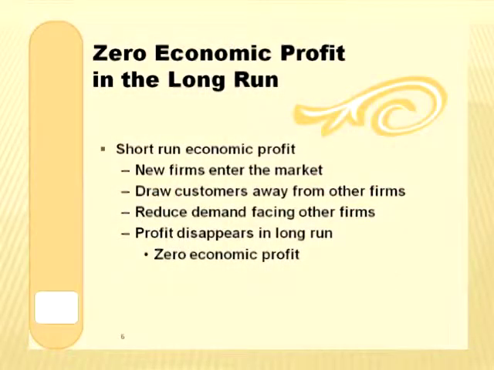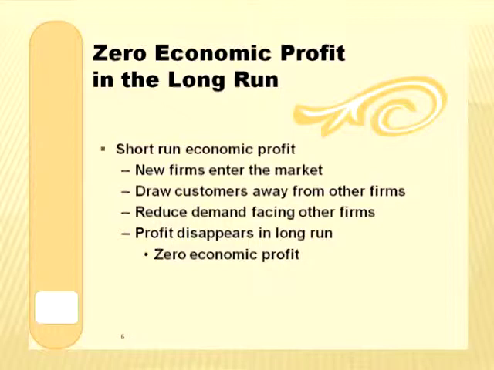In the short run, you could make an economic profit. The result of that, however, would be that you would attract new firms to the market. Remember that in this case, unlike the monopolist, we have low barriers to entry, which means almost anyone can come in.